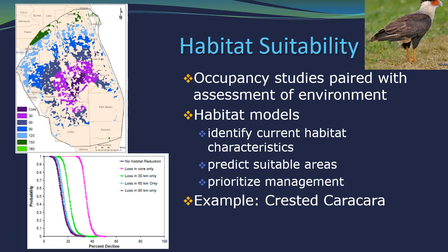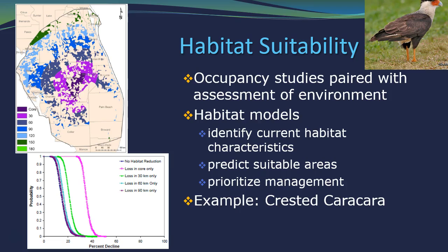Anyways, with this information, you can also add information about the population dynamics of the bird to the habitat suitability locations, and predict with the information you have on the population's growth rate and survival and fecundity, the probability of a certain percentage of decline in the population numbers based on where habitat is lost.